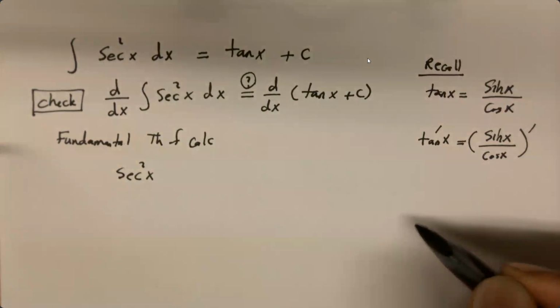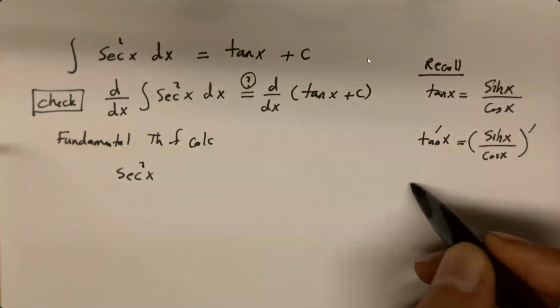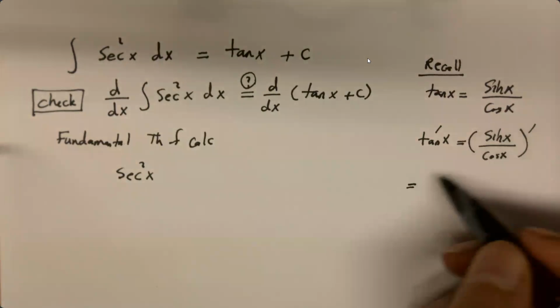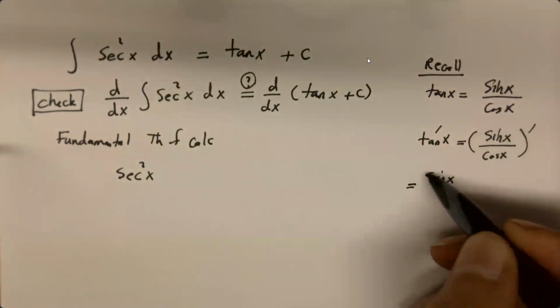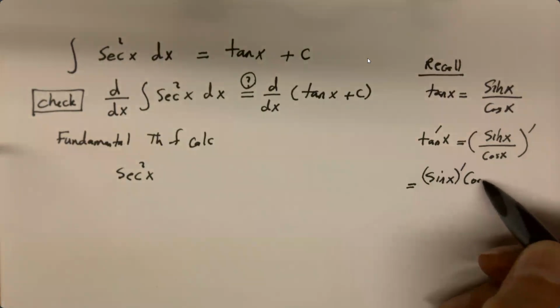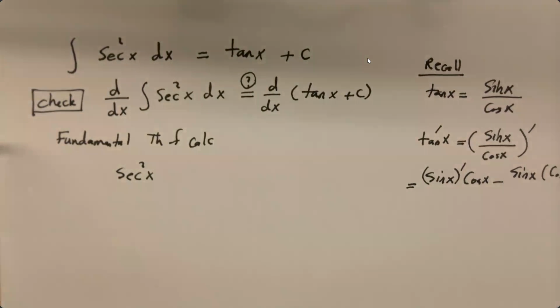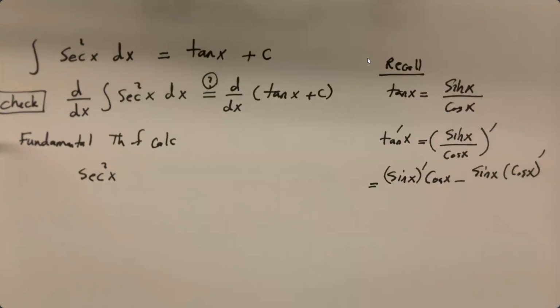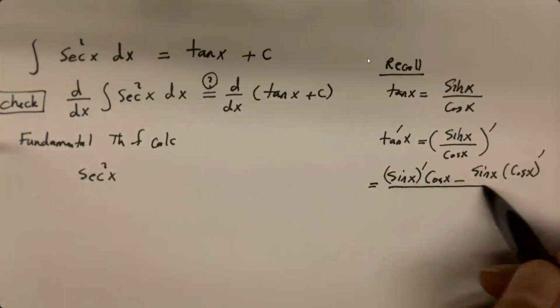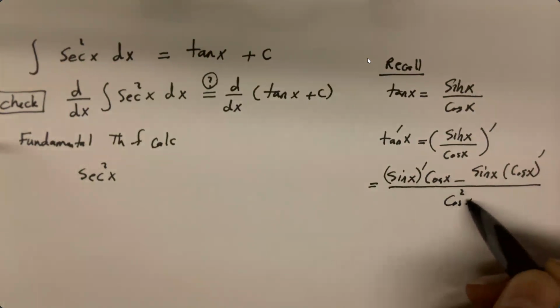The quotient rule says this is equal to the derivative of the numerator, sine x, times cosine x, minus the derivative of cosine times sine x, and on the denominator, we're going to have cosine to the second power.